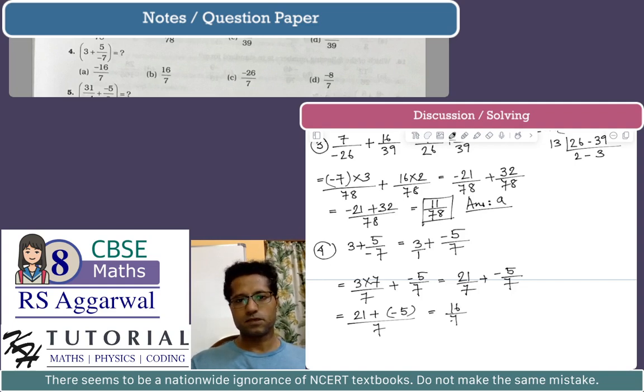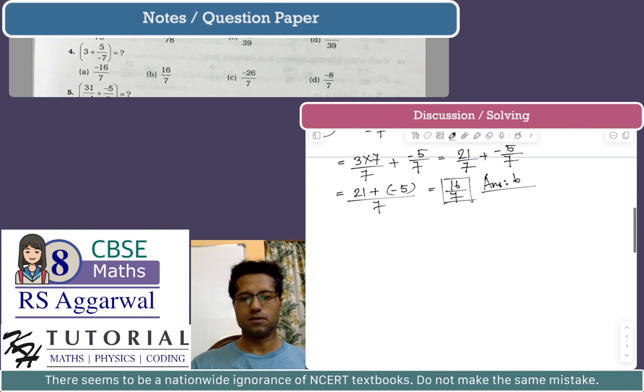This is 16 by 7. So the answer is choice B. Here the LCM of 1 and 7 is equal to 7. Okay. Let's solve question number 5.